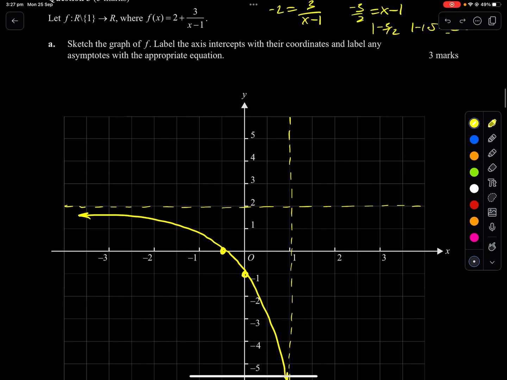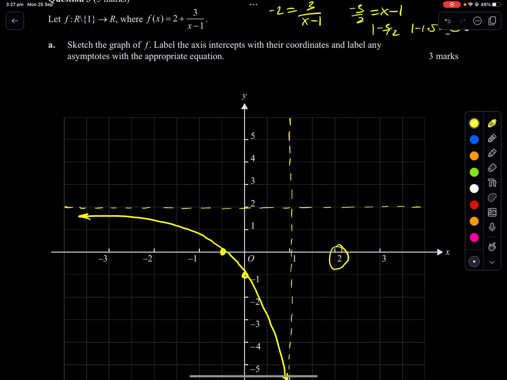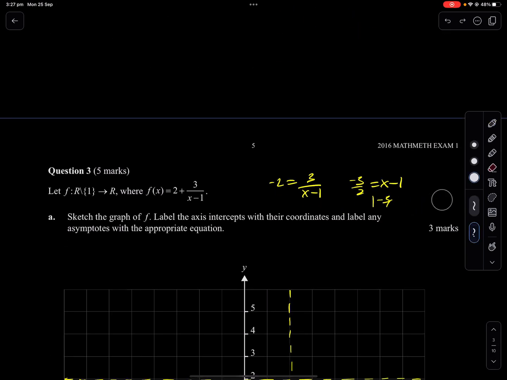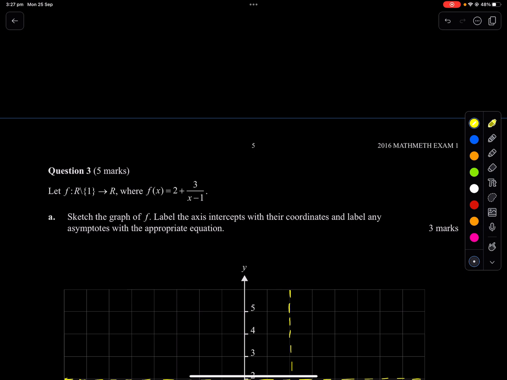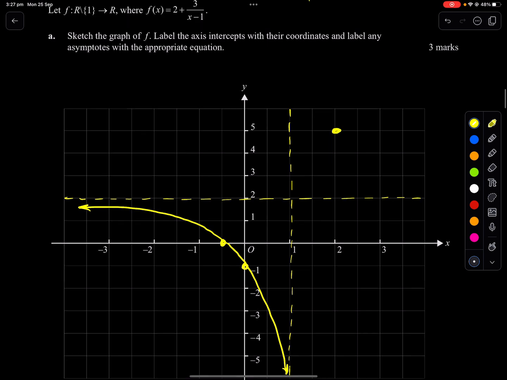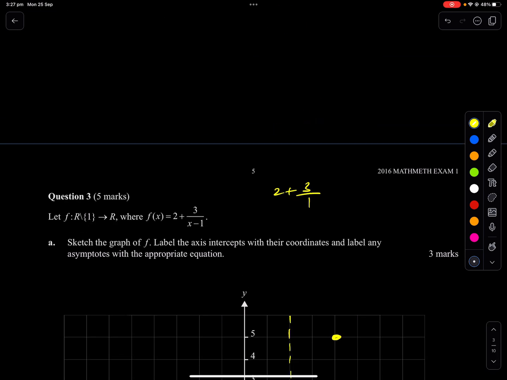So what I'm going to do is sub in 2 and 3. If I sub x equals 2, 2 plus 3 over 2 minus 1, which is just 1, so it'll be 5. So it'll be here. And what about 3? 3 minus 1 is 2, so 2 plus 3 on 2, which is 2 plus 1.5, so 3.5.